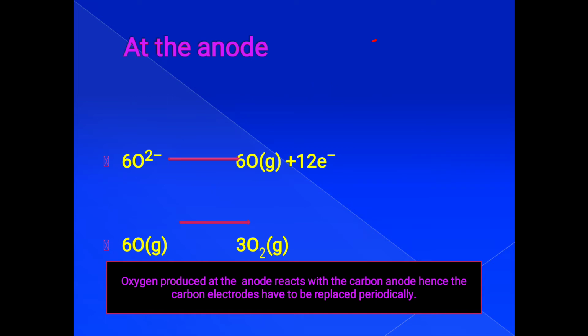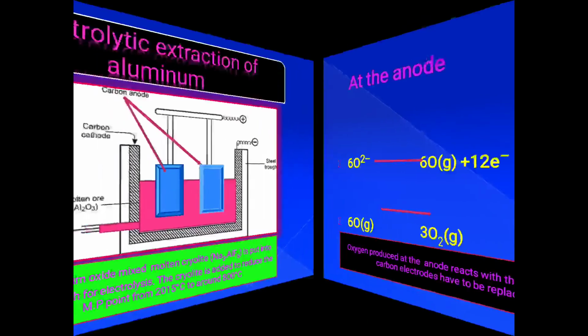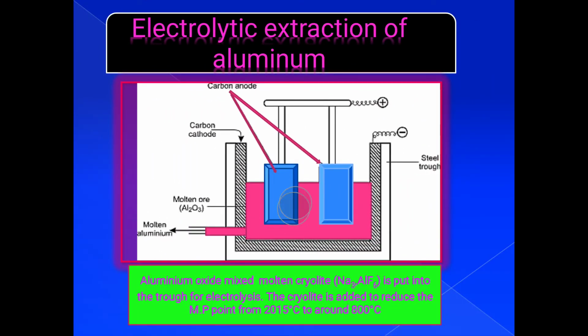From here, we need to know that the oxygen produced at the anode reacts with the carbon, and hence the carbon electrodes have to be replaced periodically. We're saying that these electrodes are made up of carbon.